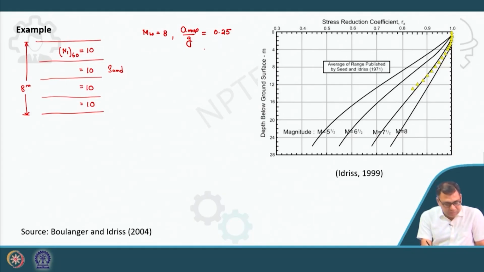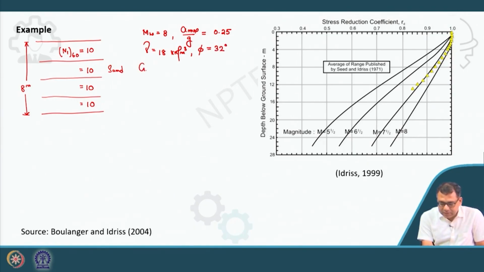So amax by g is 0.25, taken. The unit weight of all the sub layers is 18 kilonewton per meter cube. The phi value is 32 for all the layers. Okay.